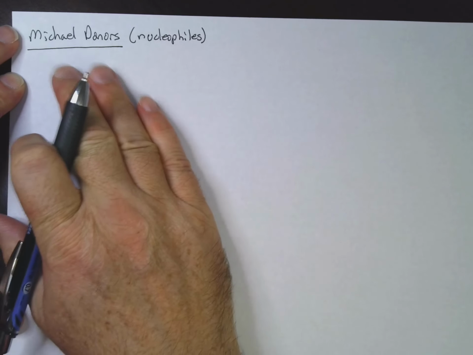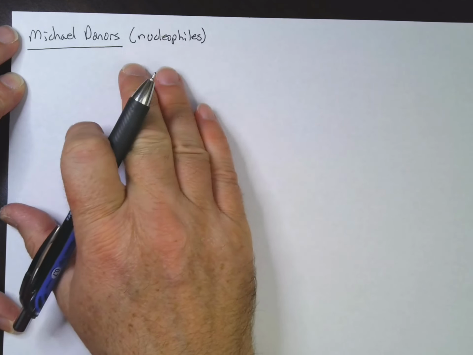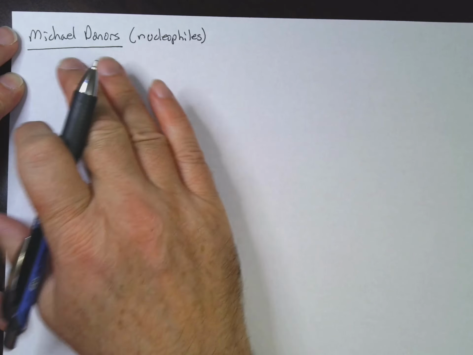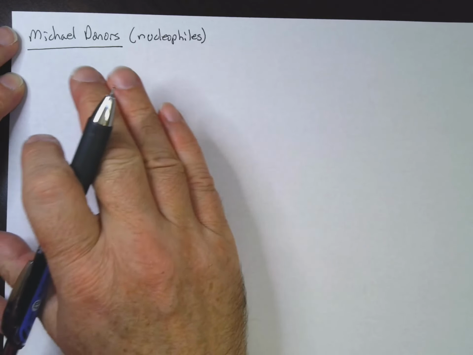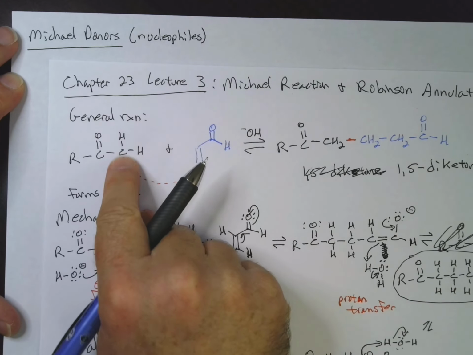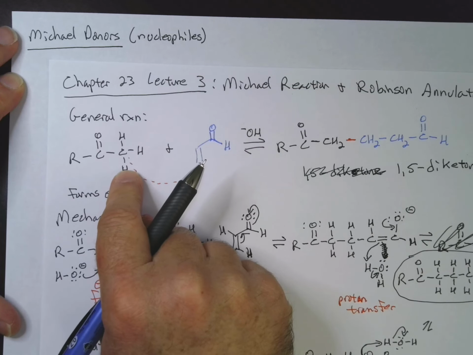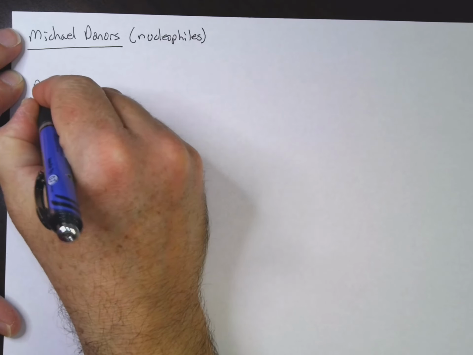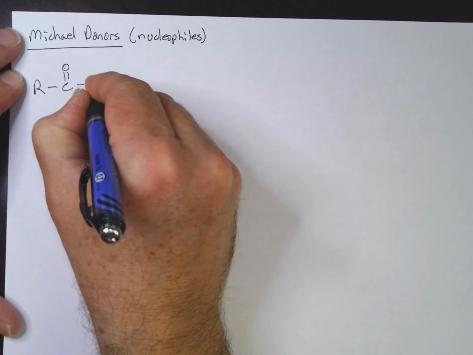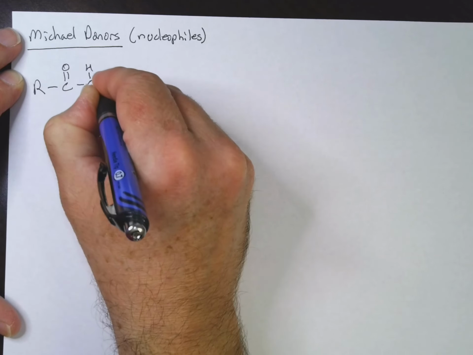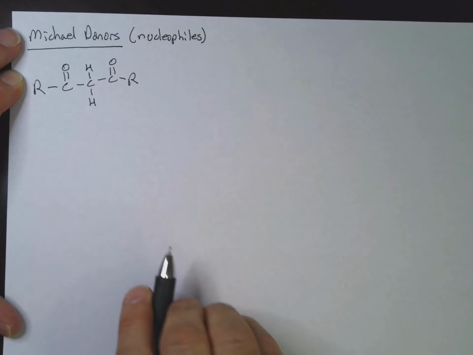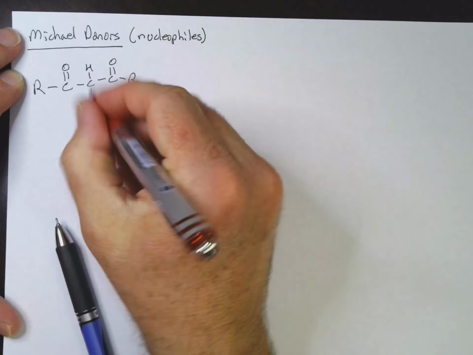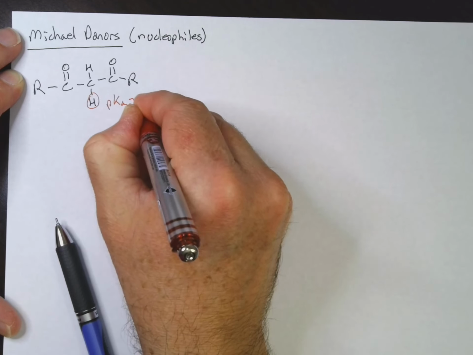Michael donors are the things that will form the nucleophile, that will form the enolate. And a good Michael donor should be something that readily forms an enolate. So, something like this, with a pKa of around 20, is not ideal. Something like this, a diketone, is much better, because this pKa is around 9.